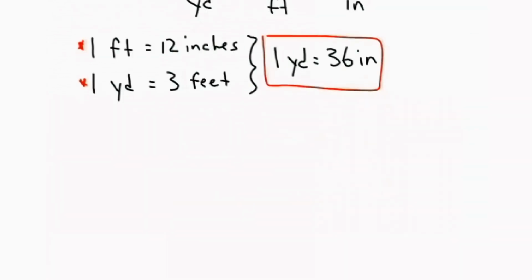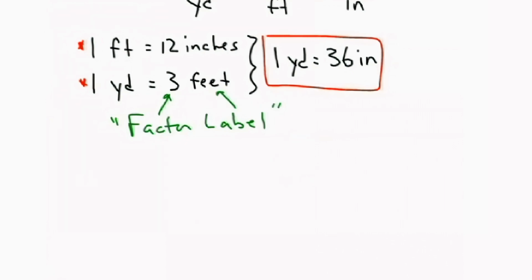So in order to do these conversions, we're going to use a method called factor label. Factor refers to the number, and label refers to the units.